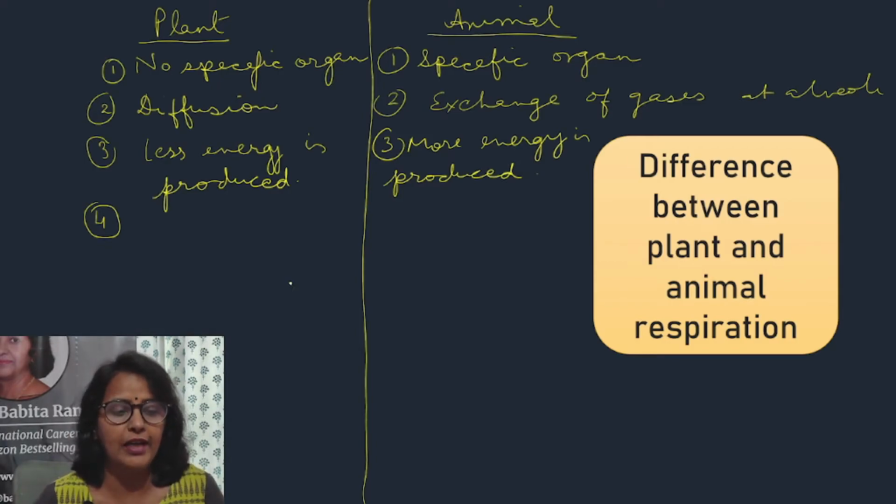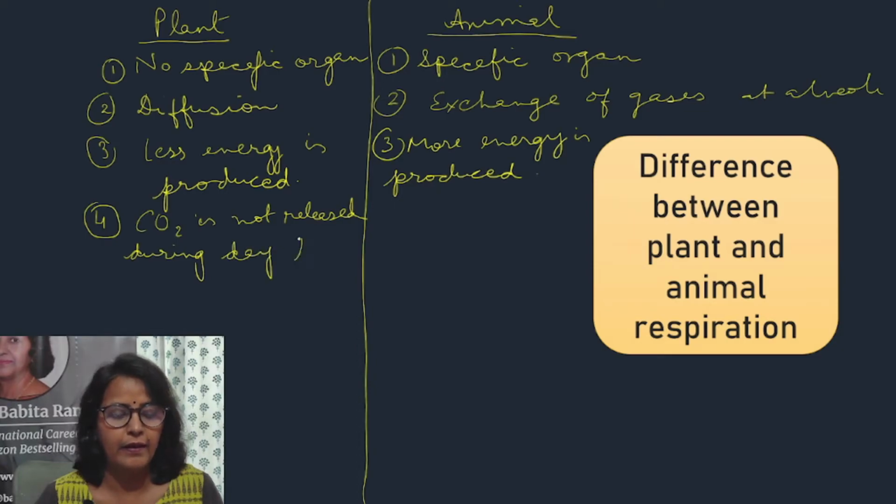In case of plant, CO2 is not released during day. Why is it not released? Because it is utilized for photosynthesis. It is released only during night.